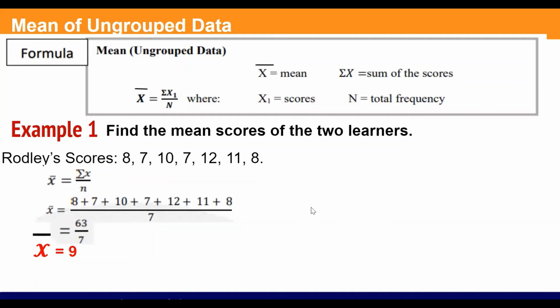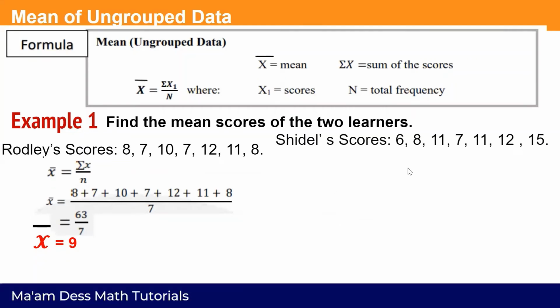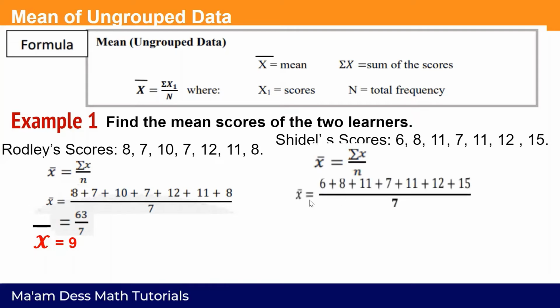Shaidel's scores are 6, 8, 11, 7, 11, 12, and 15. For the formula, x bar or mean is equal to summation of x all over n. We add all the scores and divide by 7.